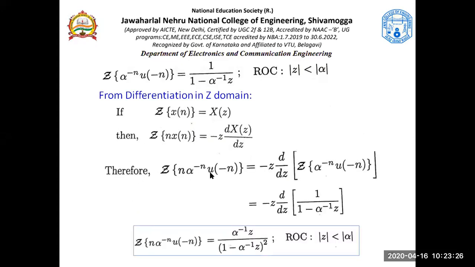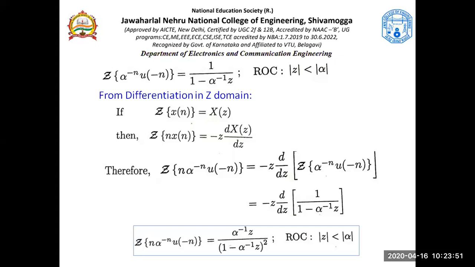This is how it is happening. Go through this, sit, read each and every step, understand what's happening. You will not be very comfortable solving this problem if you don't know the properties of Z transforms. Here we have used two properties of Z transform: one is the time reversal property, another one is the differentiation in Z domain property.